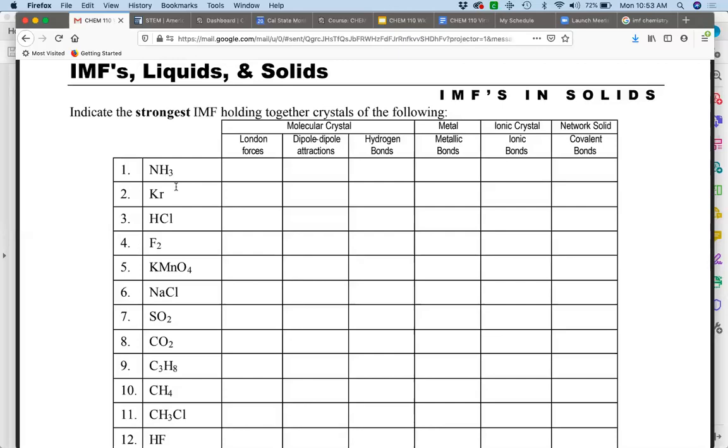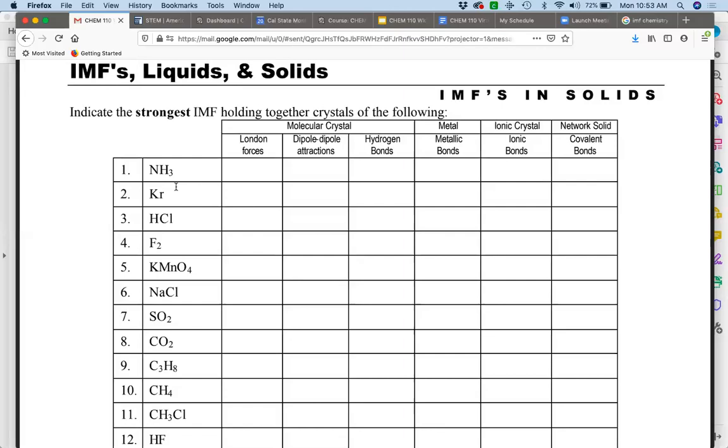We haven't talked about network solid or covalent bonds yet, but you can think about that in the sense that network covalent bonds are really the bonds that exist between molecules. So a good way to think about that is, what if I had covalent bonds for this molecule?